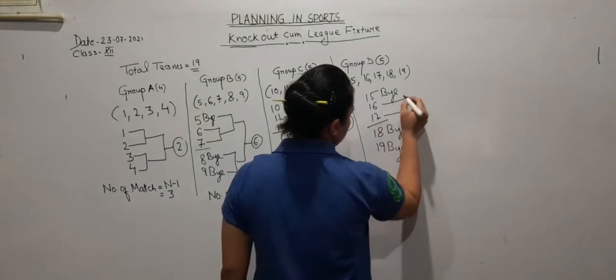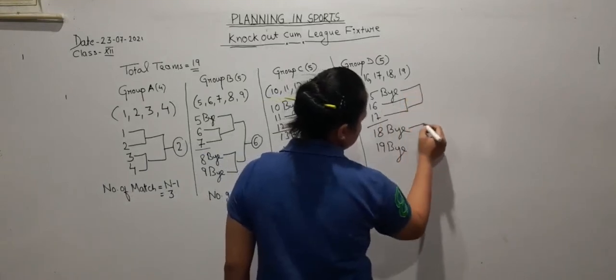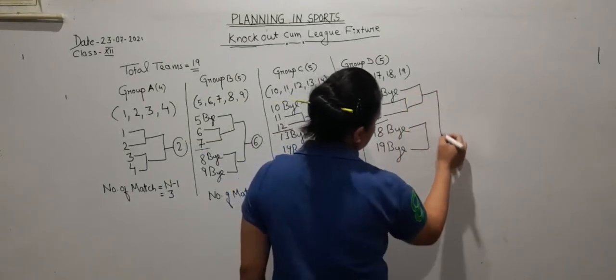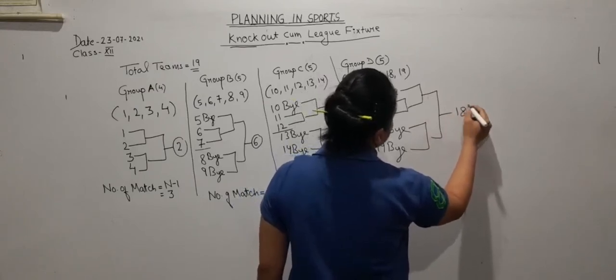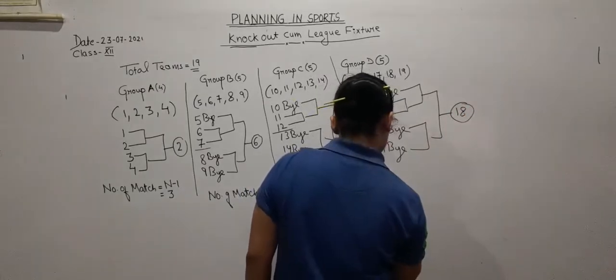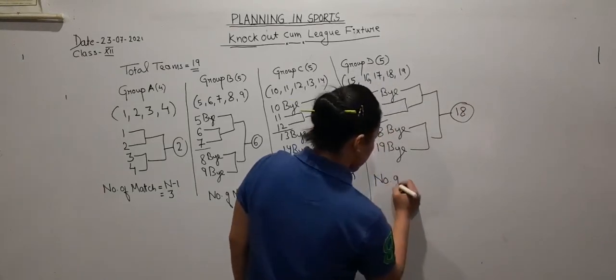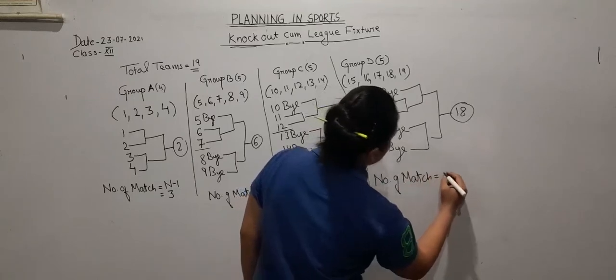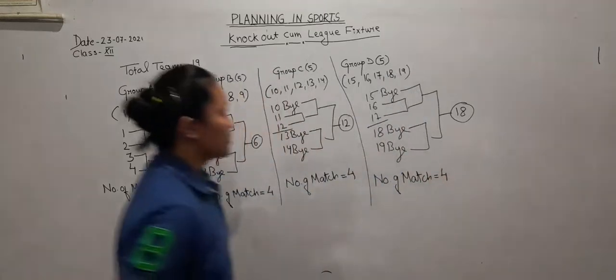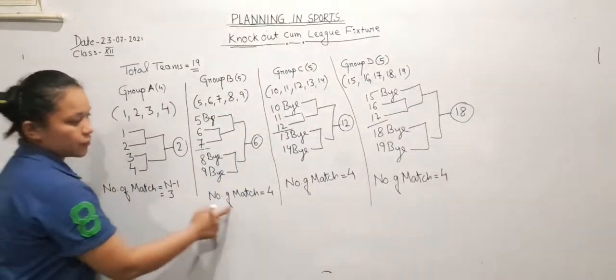Competition between 16 and 17. Let 18 be the winner. So the number of matches is 4. So this is the first step.